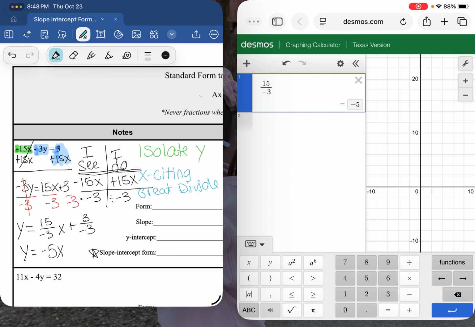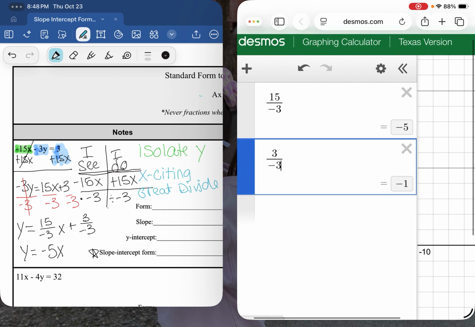And then I have a positive 3 divided by a negative 3. So again, if you are still struggling with negatives and positives, or you just want to verify your answer because it's been a while, please make sure you're plugging it in so you don't get this last step wrong. And so 3 divided by negative 3 gives me a negative 1.